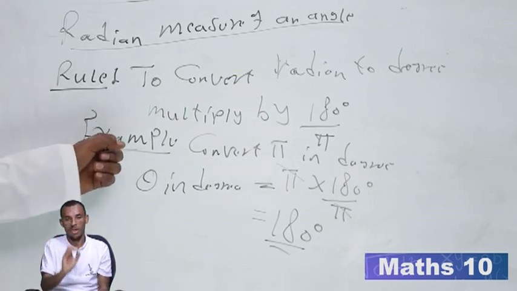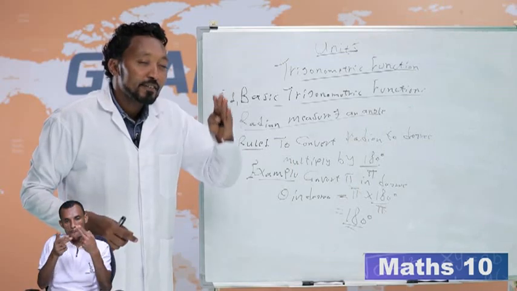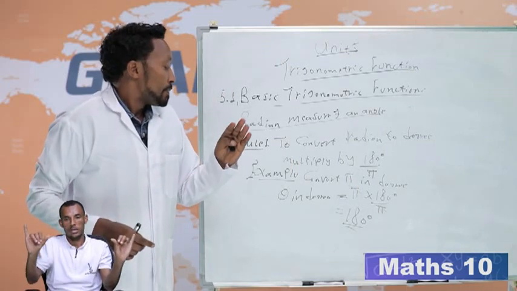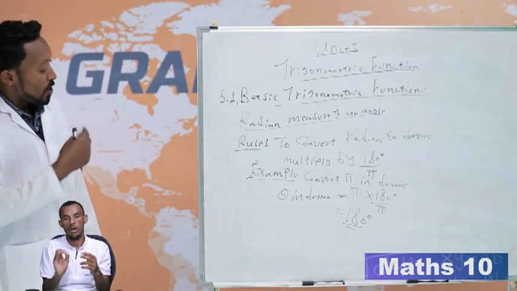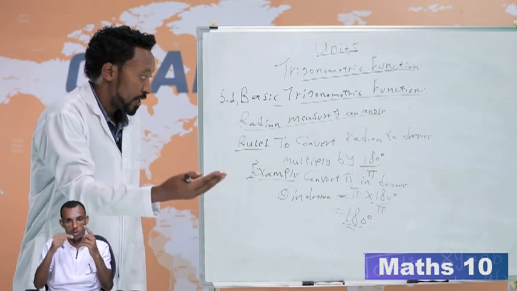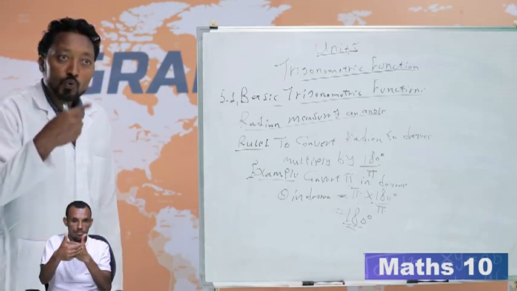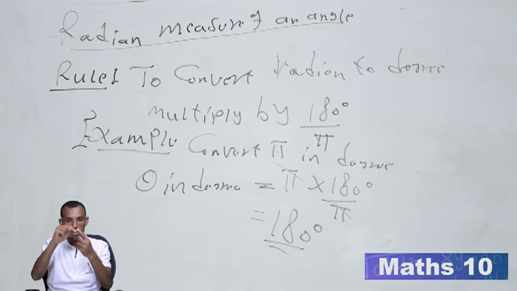Therefore, to convert radian to degree, multiply a given radian measure by 180 degree over pi. This is the conversion of radian to degree. The next one, how to convert degree to radian.